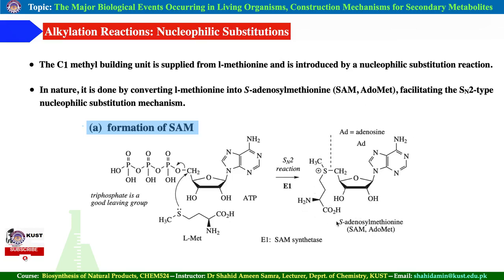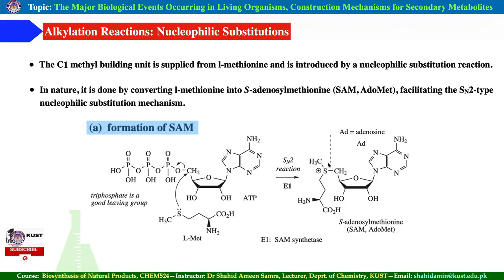So this is an active form of methionine, we can say, because this sulfur now has a positive charge, and because of this positive charge, all of the atoms that are directly attached to this sulfur will get partially positive because of the inductive effect of this positive charge. So the result will be that all of these groups get polarized.